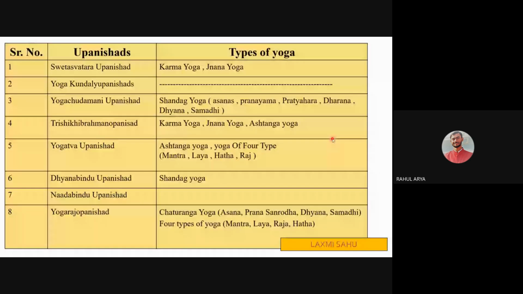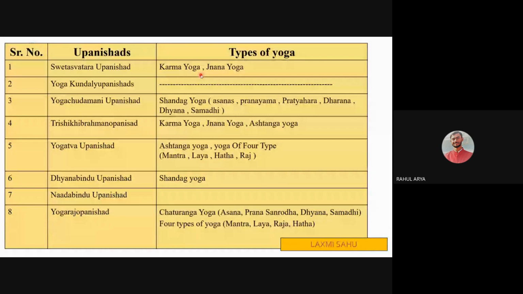Next is more discussion about the Upanishads. In the Shweta Shwatara Upanishad, when you study, there is discussion about Karma Yoga and Jnana Yoga. In 2020, when I gave the exam, this question came: which kinds of yoga does the Shweta Shwatara Upanishad describe?